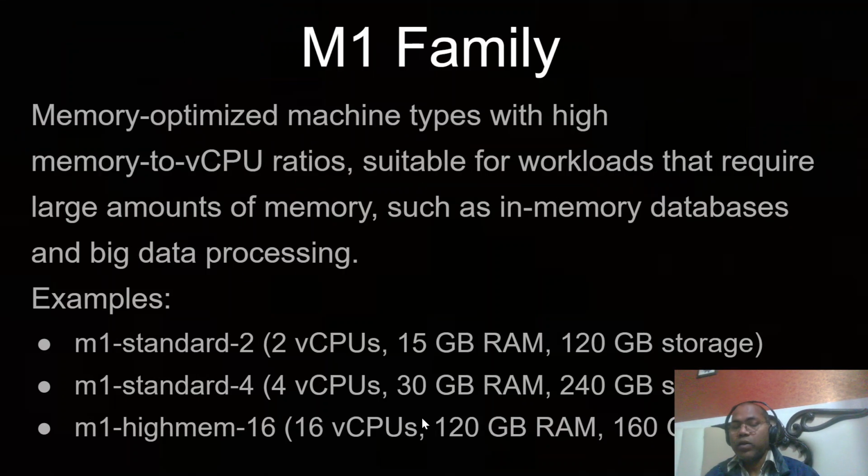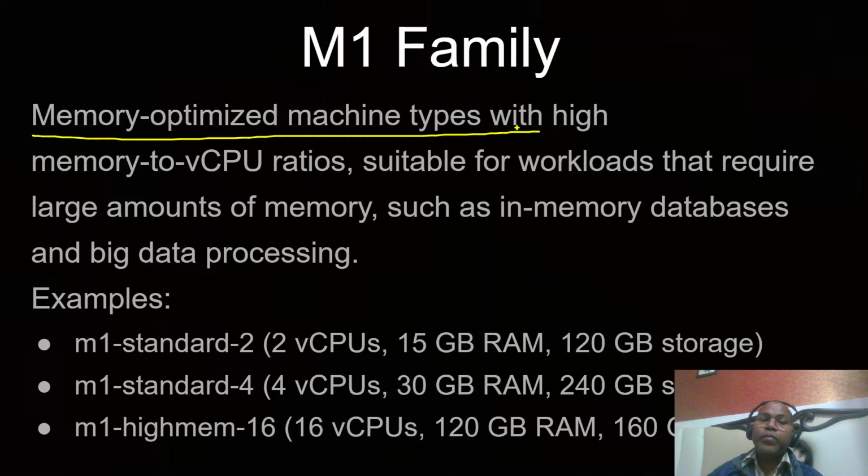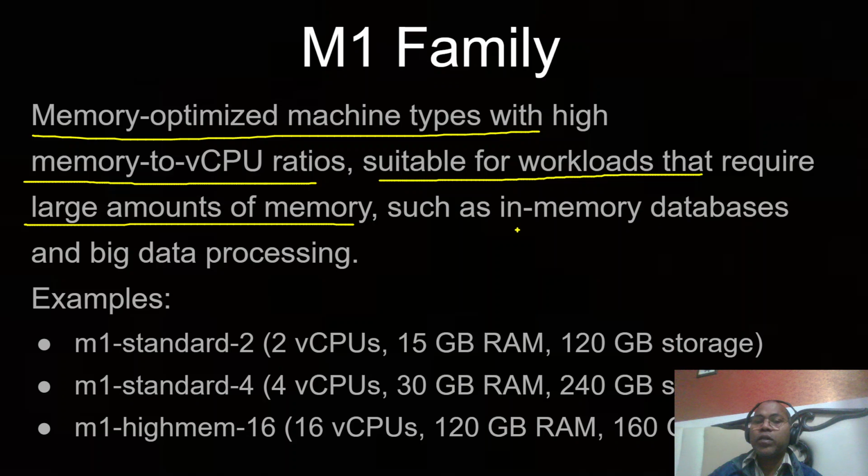Similarly, the M1 family is memory optimized, where it is a memory optimized machine type with a high memory to CPU ratio. Here the focus is on the memory part, suitable for workloads that require a large amount of memory, such as in-memory databases and big data processing.